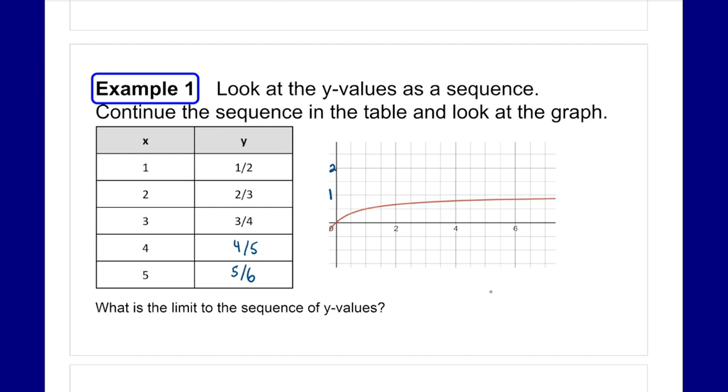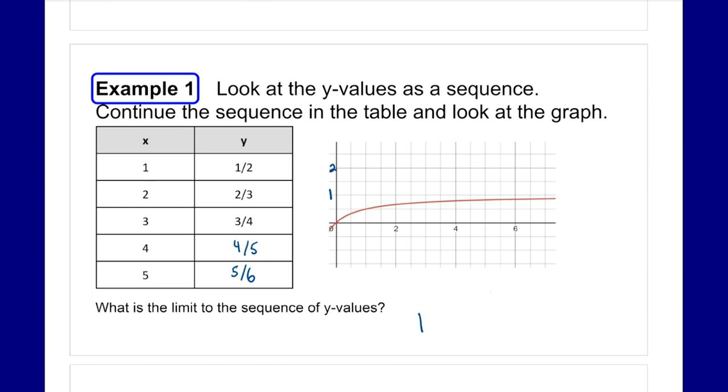If you think, position 99 would be 99 over 100. We're almost there. We would probably have 999 over 1,000. That's very close to 1. So the limit of this sequence is 1.